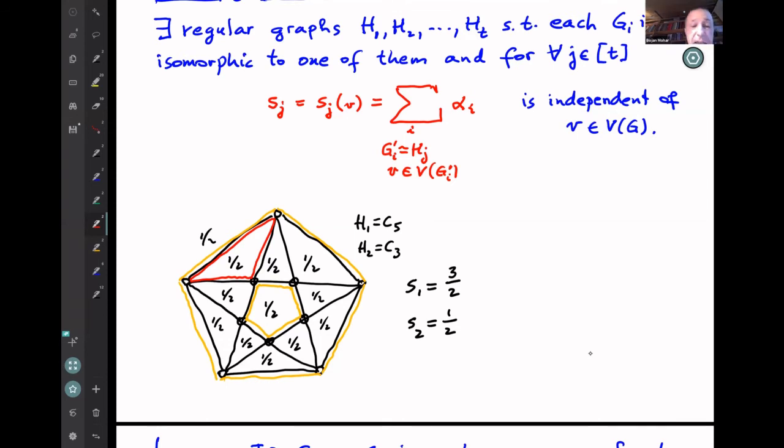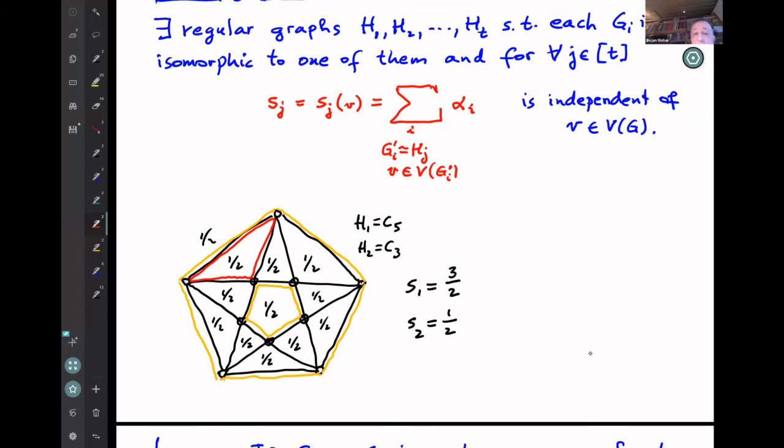Let's consider this as a planar graph, and then take all faces as the subgraphs G sub i. So G1 will be this pentagon corresponding to the outer face. G2 would be the pentagon corresponding to the inner face, and the others will be triangles.